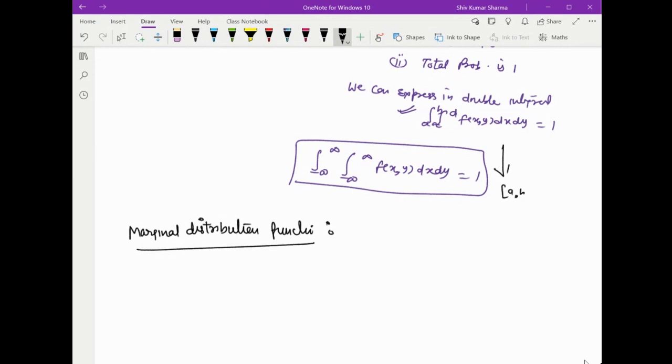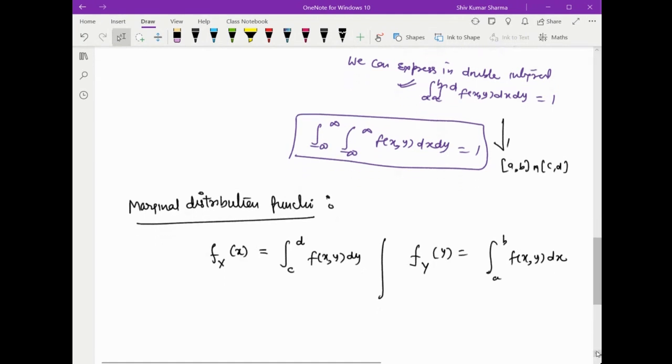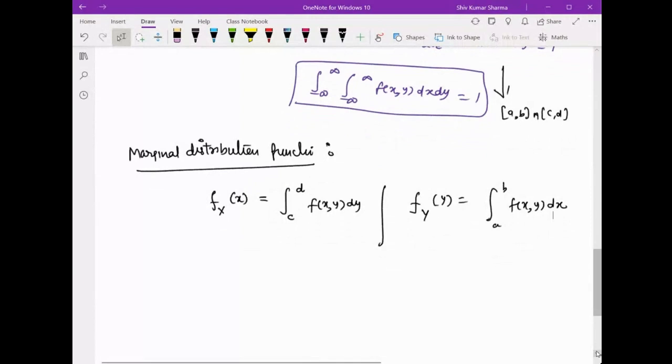That means when we take the interval a b, c d, we take the product of a b and c d. So the marginal distribution we calculate separately for random variable x. When you calculate the marginal distribution for random variable x, you take the limit of y, c to d, f(x,y) into dy. And when you calculate for y, you take the limits of x, f(x,y) into dx. So calculating for x, taking limit as y. For calculating y, taking limit for x.